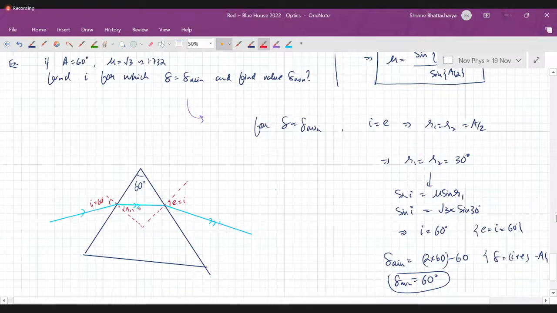That gives me, so this also comes out to be 30 degrees. And incidentally, I just get this net deviation also as 60. That's just because of the values being like this. It need not always be the case.